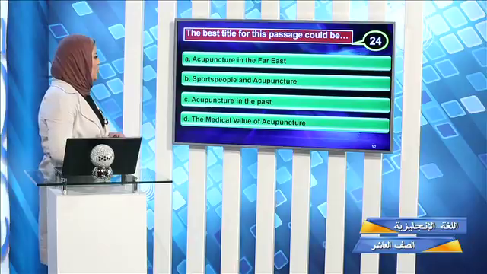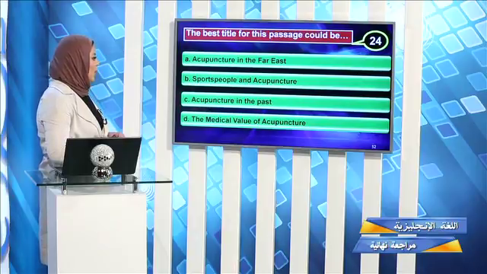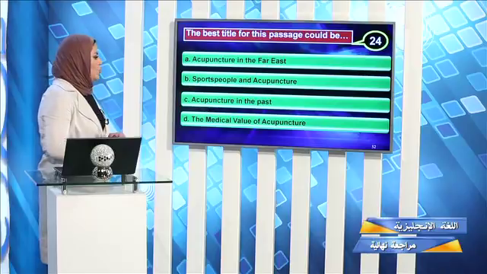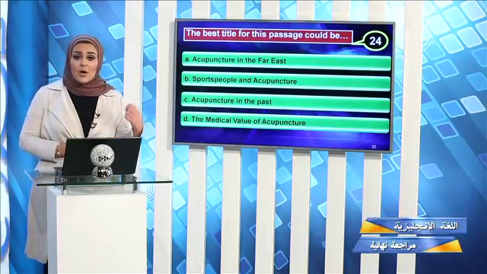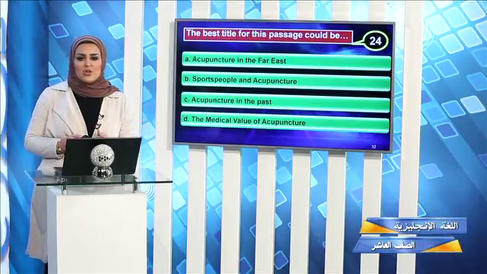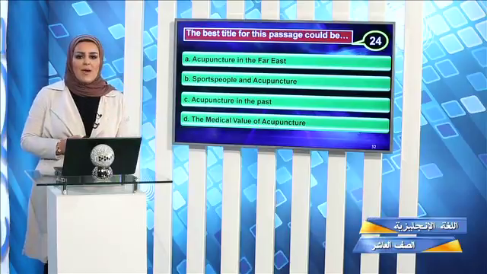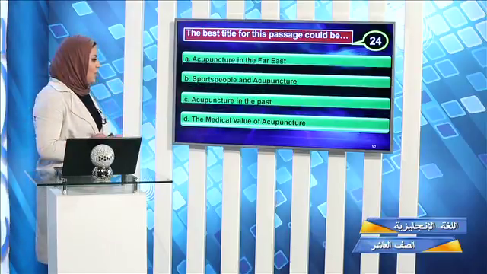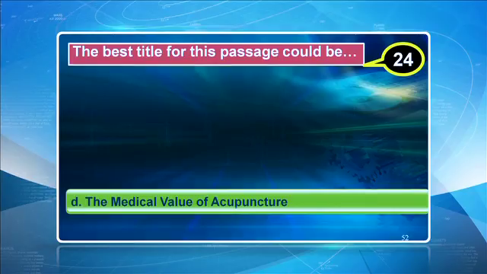We have 4 options: acupuncture in the Far East, sports people and acupuncture, acupuncture in the past, the medical value of acupuncture. All of these are correct. They are in the passage, but which one is the best title for the whole passage, not only for a specific paragraph? Of course, here the correct answer is D, the medical value of acupuncture.